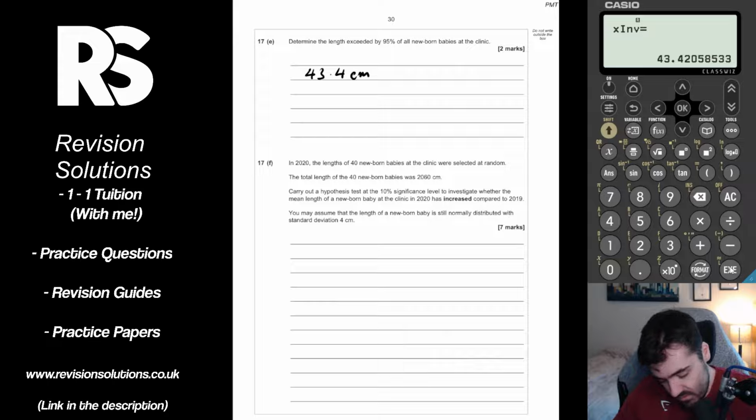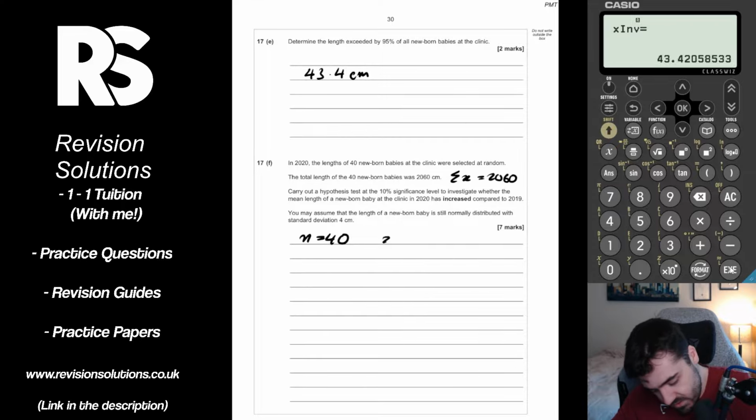Okay. Then part F, it says, in 2020, the lengths of 40 newborn babies, so n equals 40, at the clinic were selected at random. The total length of the newborn babies was 2060. So the sum of x was 2060.